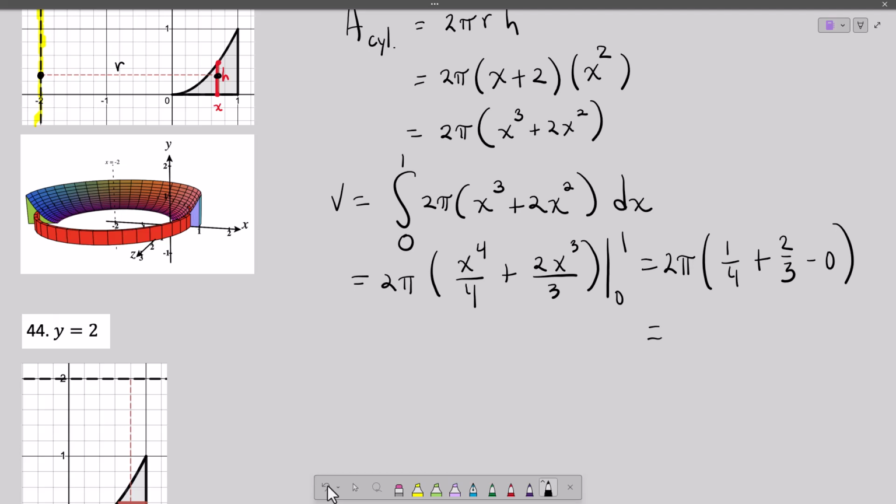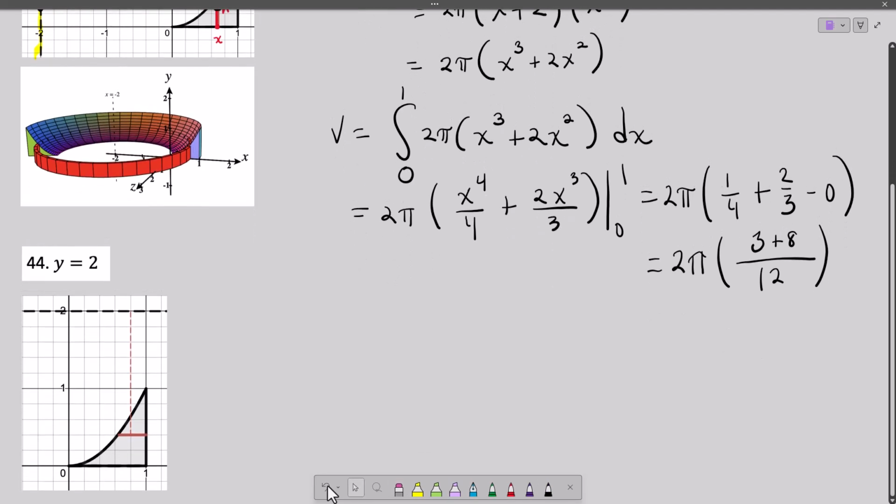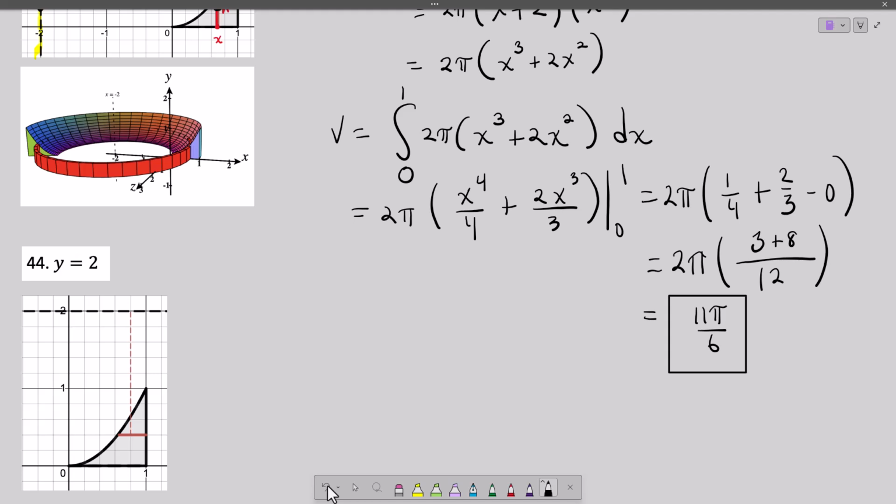So whatever that simplifies to, that will give us our volume. So our final volume is going to be 11 pi over 6. That will be our volume.